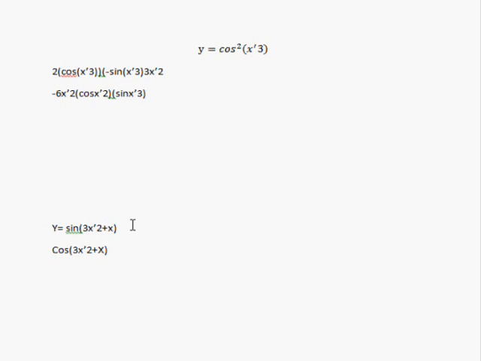So next we find the derivative of what is inside the parentheses, and we say cosine of 3x squared plus x times 6x plus 1, and that's basically our answer.